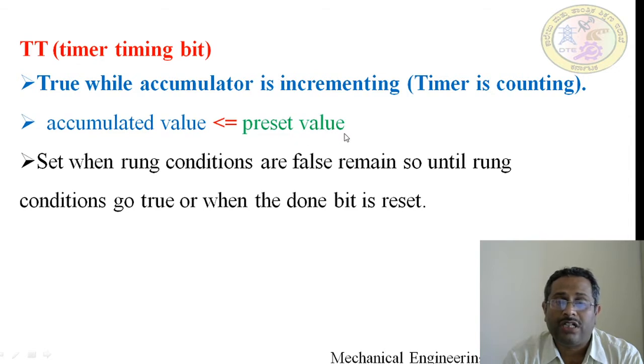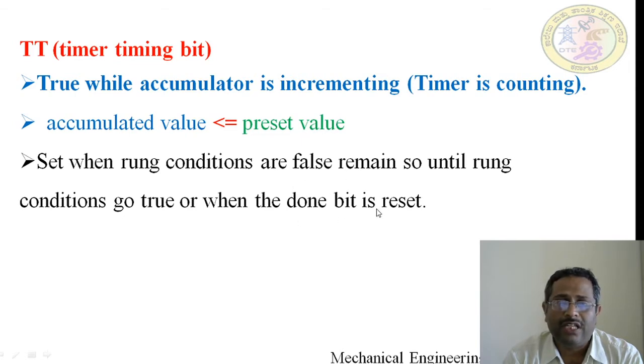The done bit will be true when the accumulated value reaches the preset value. The TT bit will be true until then. When the run conditions are false it remains so until the run conditions go true, and the done bit is reset.